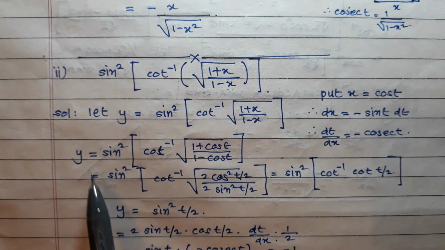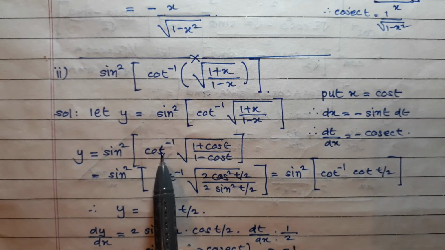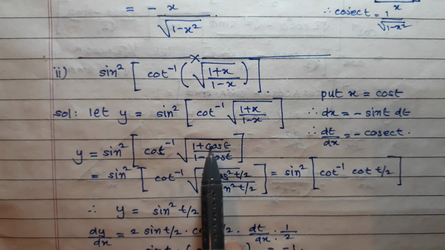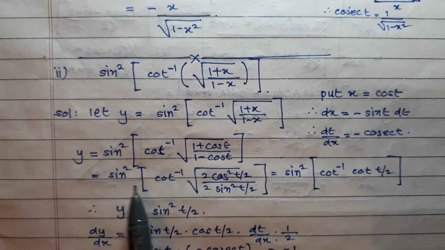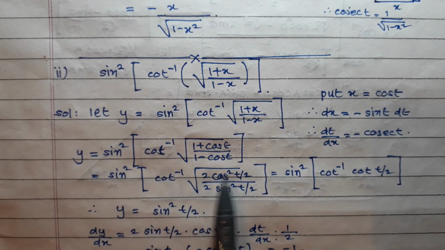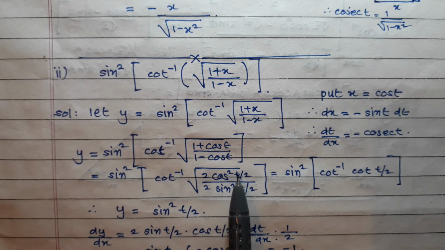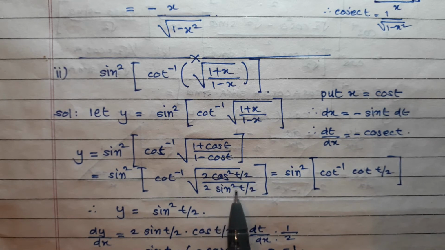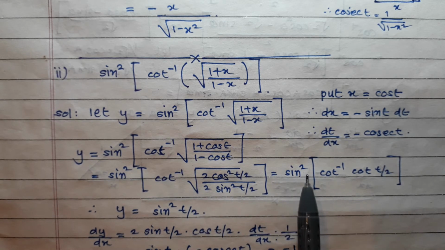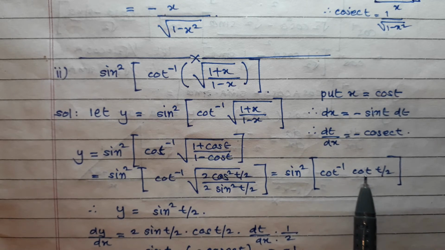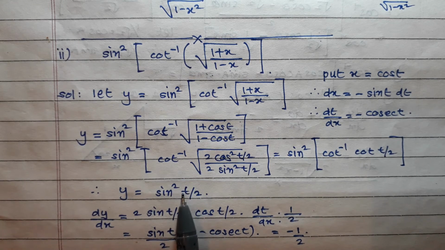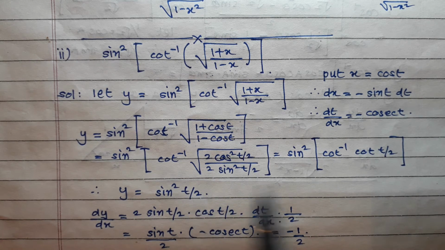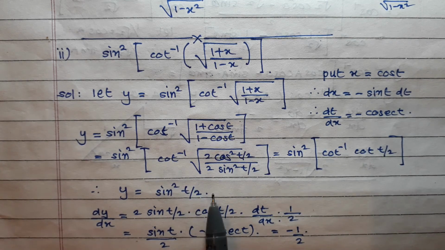So y is equal to sine square cot inverse root (1 plus cos t) upon (1 minus cos t). This is cos square t upon 2 and sine square t upon 2. These 2 and these 2 get cancelled, and y is equal to sine square of bracket cot inverse cot t upon 2, so y is equal to sine square t upon 2.